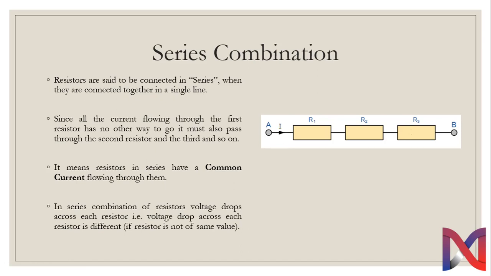Some voltage will drop across R1, then R2 and then R3. However, the voltage drop is as per the value of the resistor. That is, if the resistor is of high value, more voltage will drop across it. And if the resistor is of small value, small voltage will drop across it.